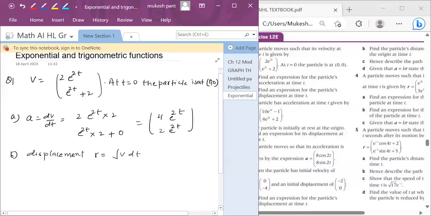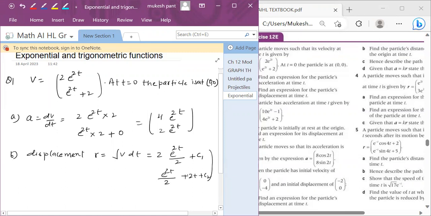So we know this is the v. When we integrate this, we will get 2 times e to the power 2t over 2 plus c1. You integrate this one: e raised to power 2t over 2, and this 2t plus c2.